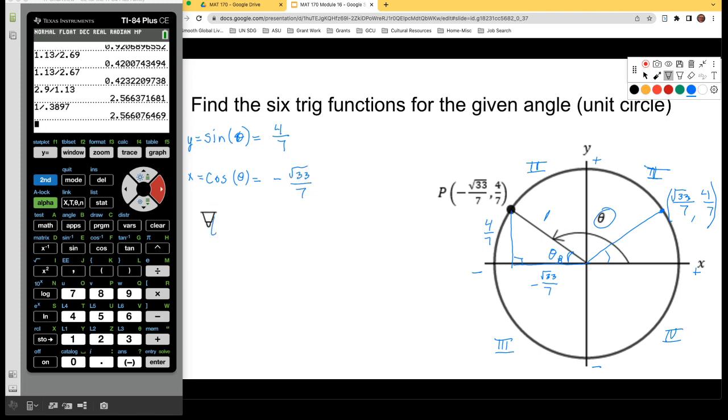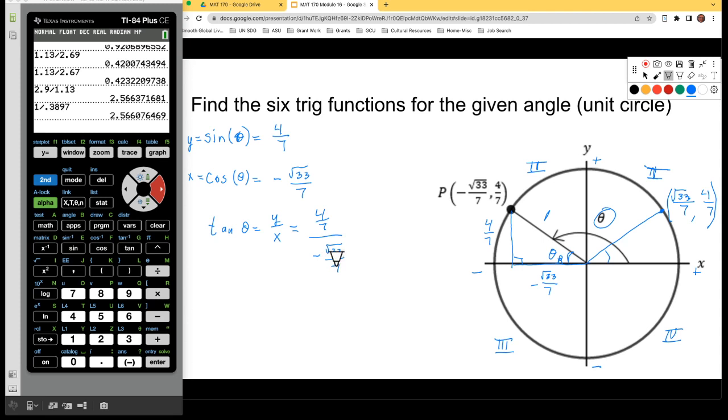And tangent, this one we have to do a little bit of calculation for because it's going to be y over x. So y is 4/7 divided by negative square root of 33 over 7.